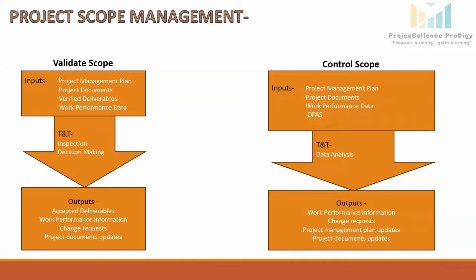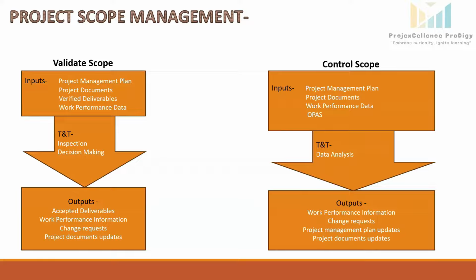If there are approved changes or significant variances occur, all the components of the project management plan, like scope baseline, scope management plan, schedule baseline, cost baseline, and performance measurement baseline, need to be updated.